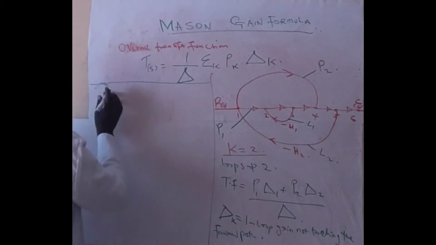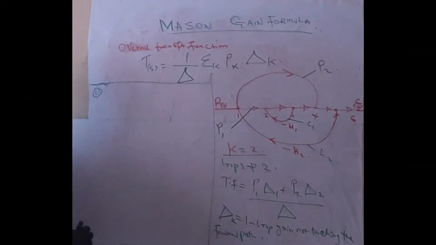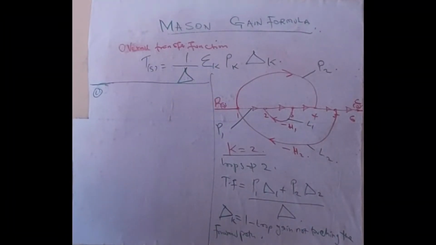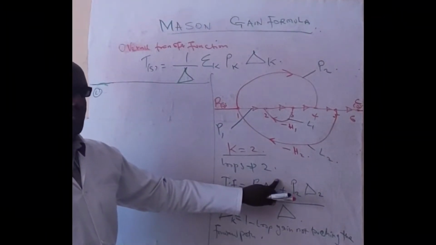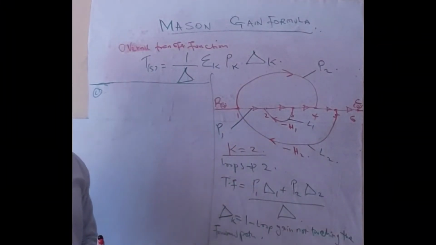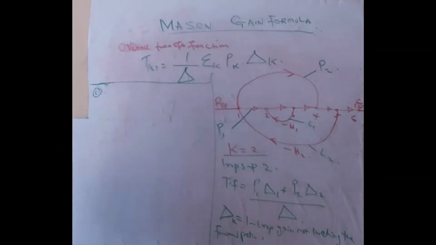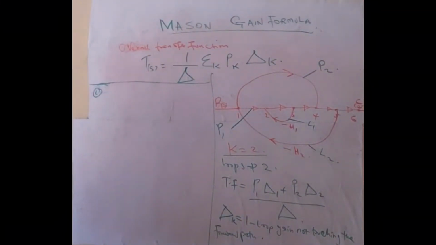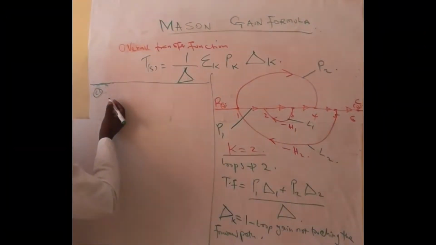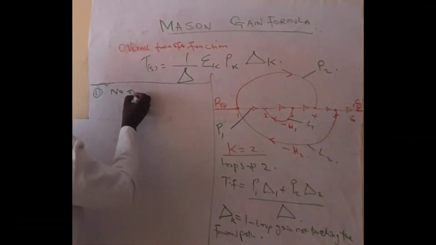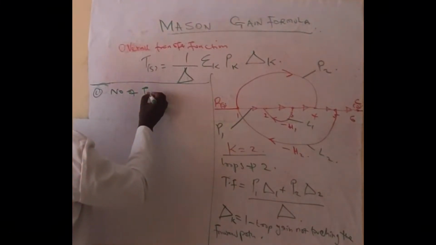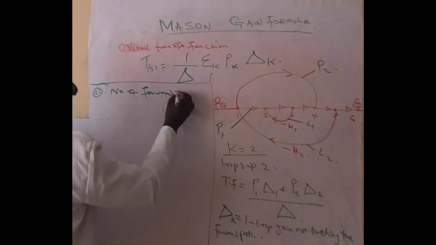Before we look at that, there are things that we are supposed to know, the steps of coming up with a transfer function of any signal flow graph. One, you determine the number of the forward paths.